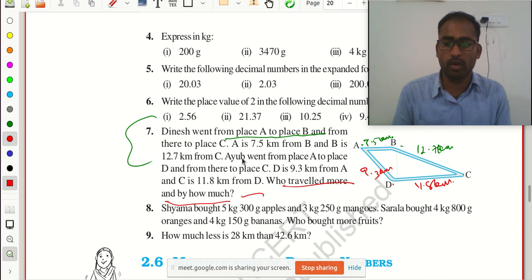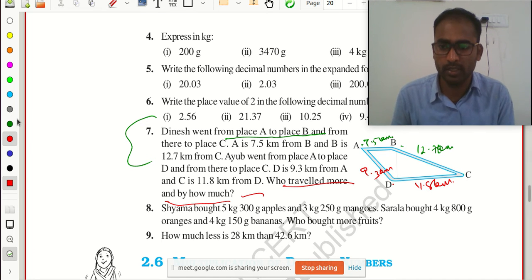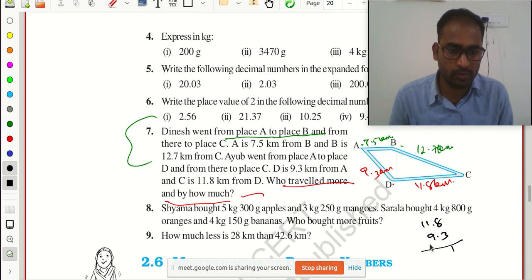So what do we need to do? We need to add the two distances. This is the Ayub distance and this is the Dinesh distance. What is the total distance Ayub traveled? 11.8 and 9.3. I need to add 8 plus 3, 11; 1, 9, 10, 11. So 21.1 kilometers.